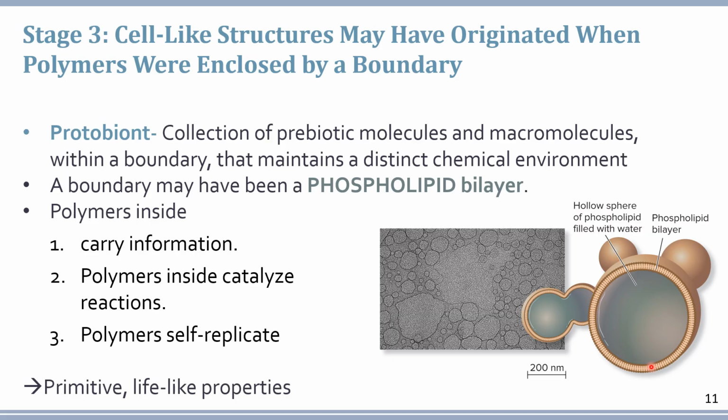We need polymers inside that can carry information. We need polymers that can catalyze reactions, and we need polymers that can self-replicate. So this is saying that the protobiont would have had to have had the precursors to our nucleic acids and to our proteins in order to be able to do all of these things. And when you have all of these things, you have the protobiont.